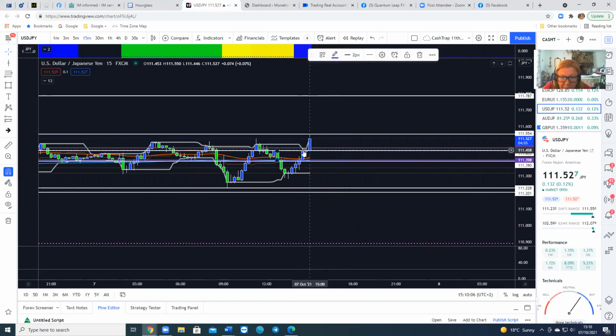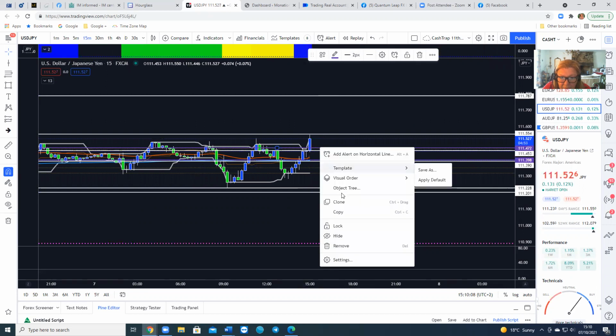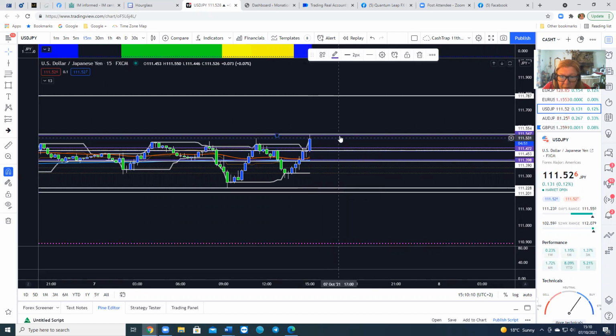I've got the white daily. I might put one on there to remind me actually. So now we've got our zones marked up. I could put another one on there and one on there. I'll leave it at the moment because it's coming off a 15-minute and a daily, and we know it's in an upward trend.